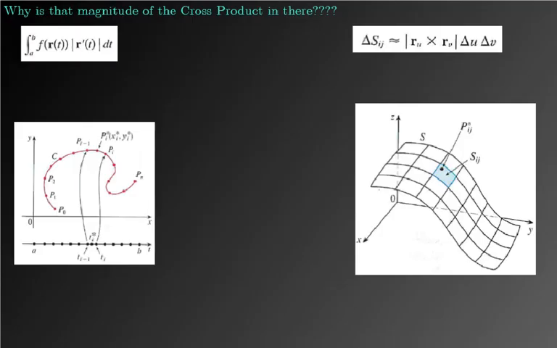I wanted to say just a little bit about this magnitude cross product thing that's popping up. Just to make it more clear, when we do a line integral, we're doing a line integral over some sort of curve. This is down in the xy plane. You want to think the line integral is above this, or it could be below it too, but let's just say above it.